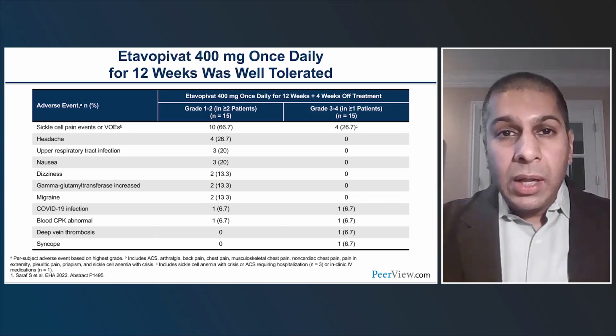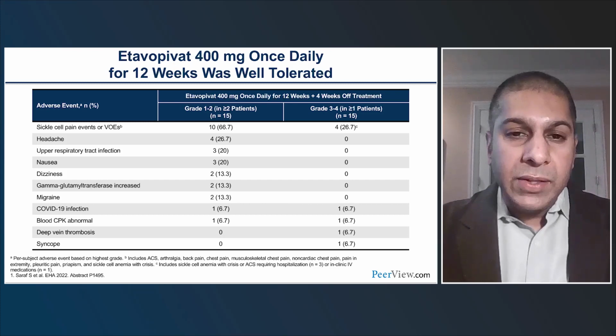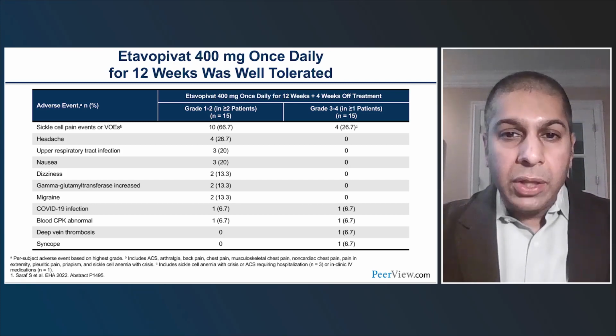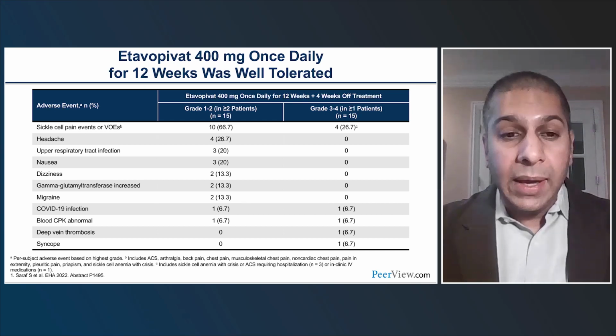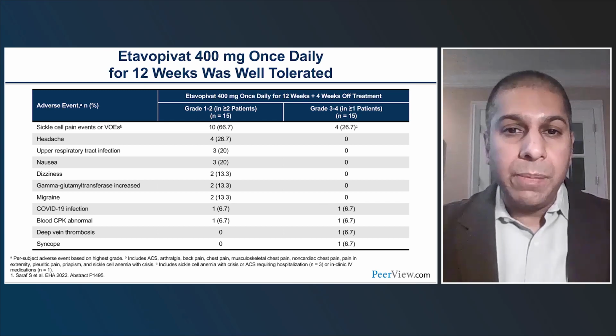Etavopivat was also well tolerated in this study, with most of the adverse events being grade 1 or 2, and only one patient having grade 3 to 4 events, including COVID, an elevation in CPK, one patient with a DVT, and one patient with a syncopal episode.